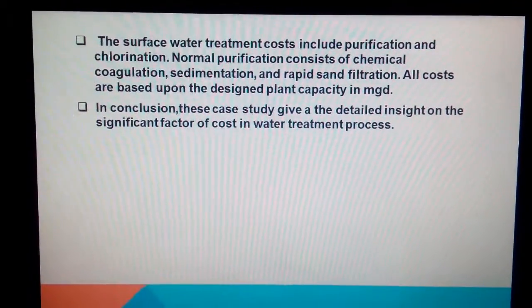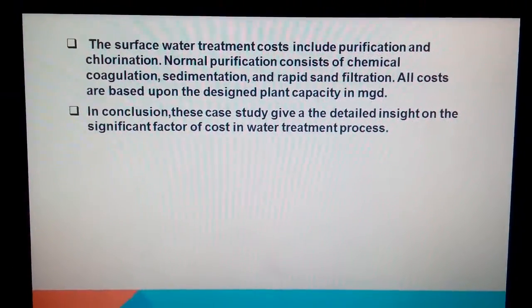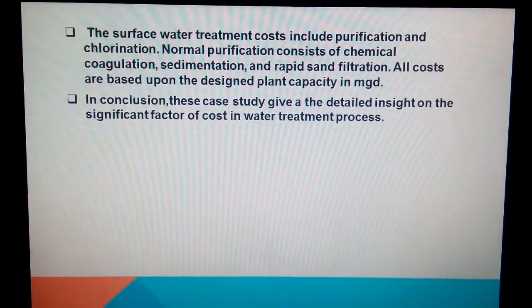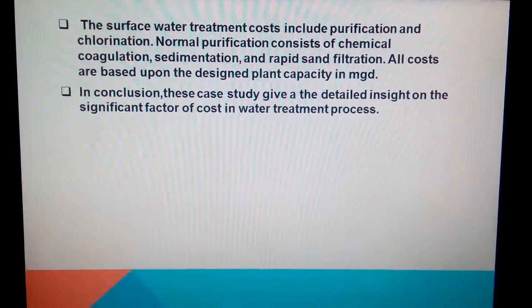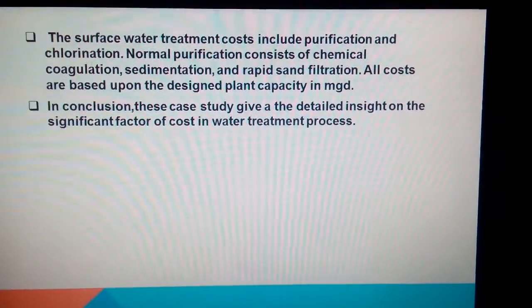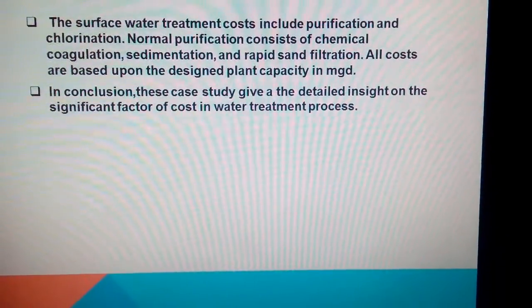Normal purification consists of chemical coagulation, sedimentation, and rapid sand filtration. All costs are based upon the design plant capacity in MGD. This case study gives a detailed insight into the significant factors of cost in the water treatment process.